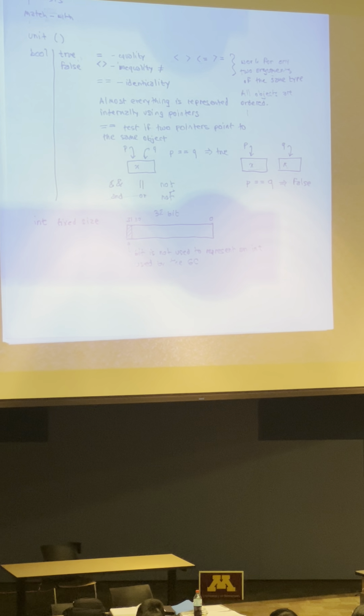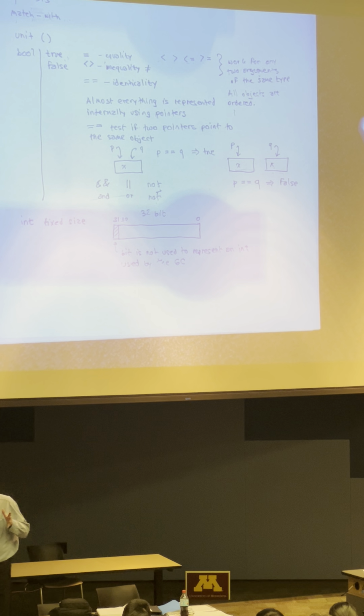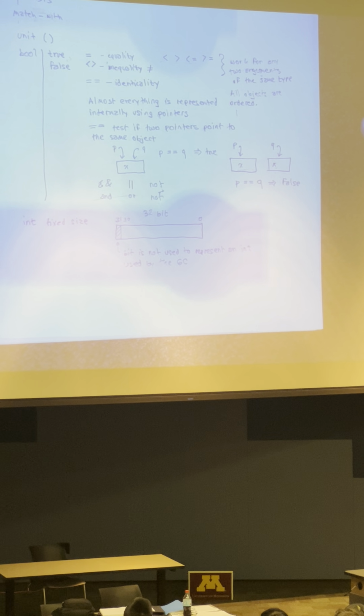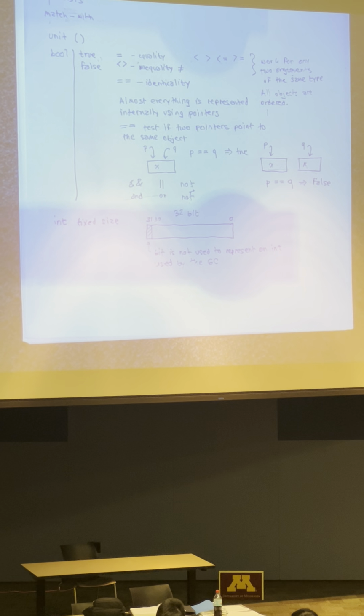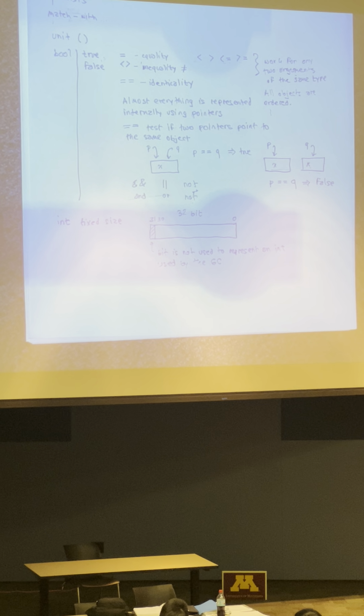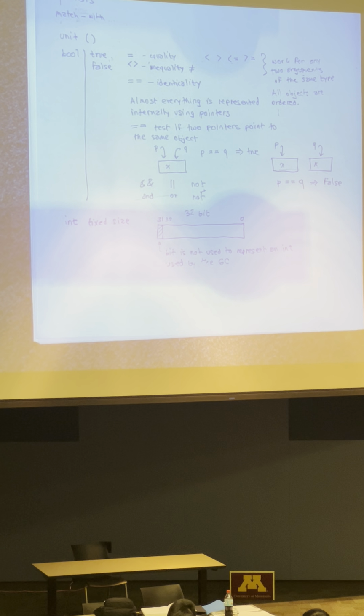So the way the garbage collector works is when we run out of memory and we want to get rid of garbage objects that are no longer accessible, it traverses all these pointers and sets the tag on the objects it can find to indicate that those objects are not garbage, that we can still get to them. And then at some point it gets rid of all the objects that are not marked.